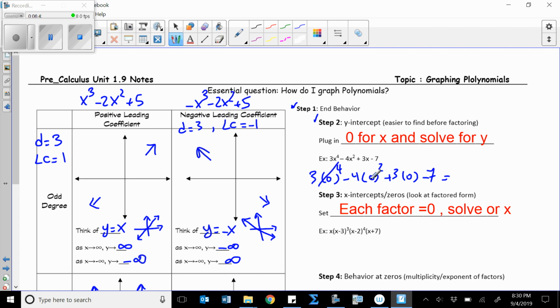All these terms are going to be 0 because 0 times anything is 0, so negative 7 is left. My end behavior will be 0 and negative 7. I'm sorry, my y-intercept will be 0 and negative 7.